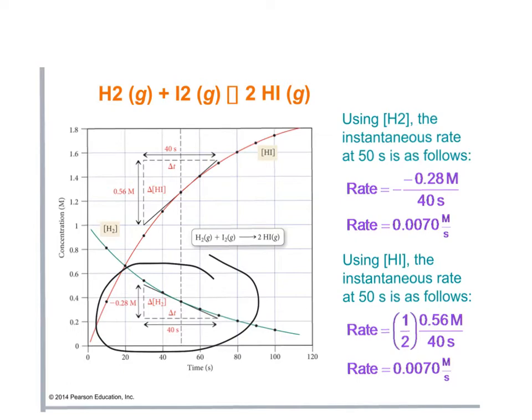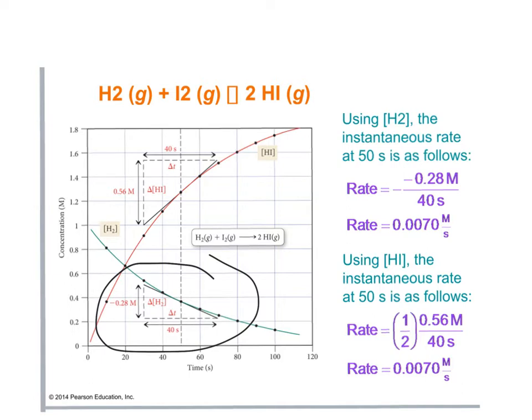The tangent, the line of tangent that we just drew, shows that there was a minus 2.8, right? And that was over a 40-second time interval, and so you get a rate of 0.0070 molarity per second, right? On the other hand, and that's a negative, right?